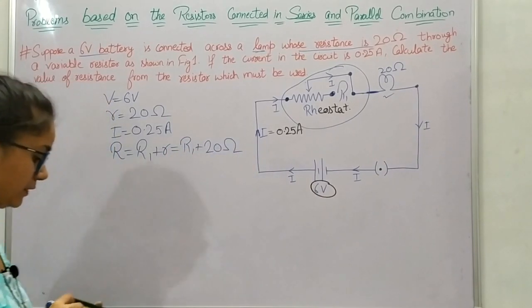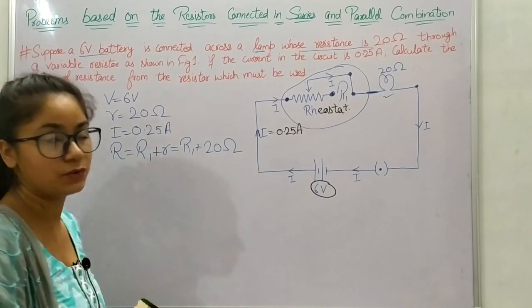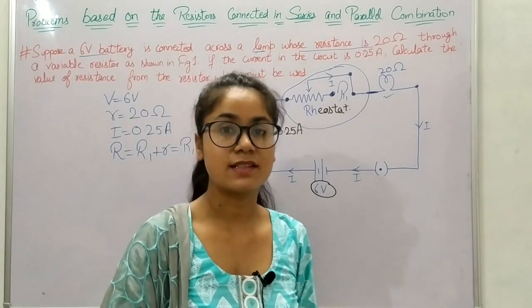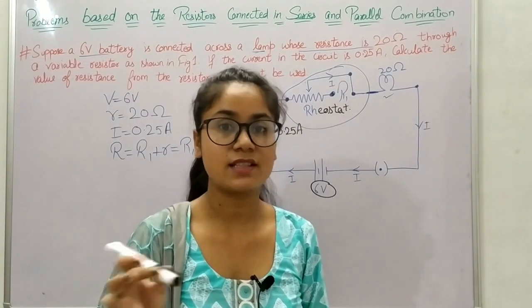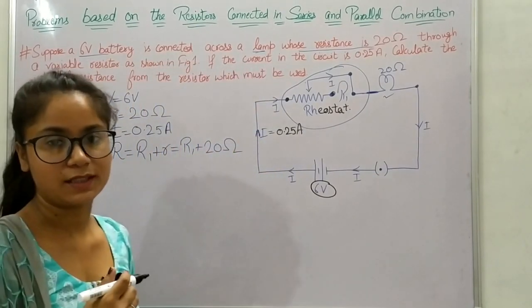So we have all of these values. Now we have to figure out the resistance of the resistor which must be used. For that we are going to use Ohm's law.